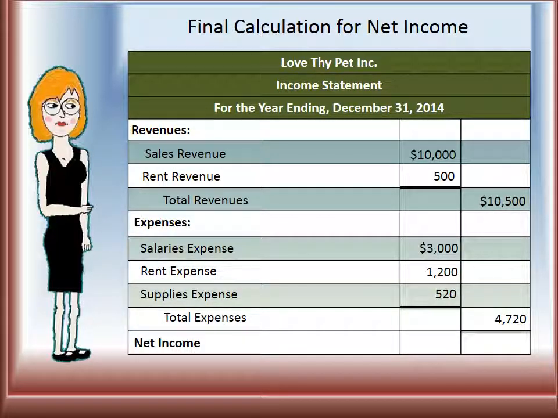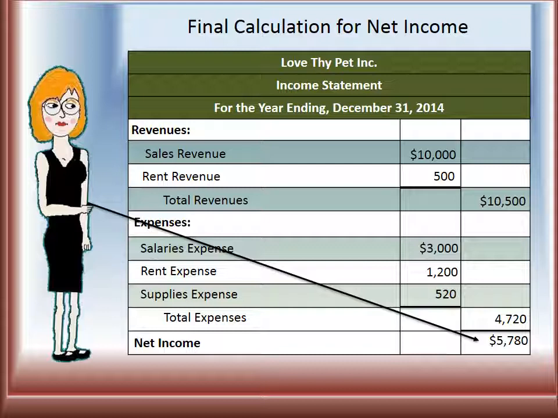This will be our completed statement, except for one final calculation, and that is our total revenues minus our total expenses, which gives us our net income. We put a dark underline under total expenses, denoting that we are doing a calculation.